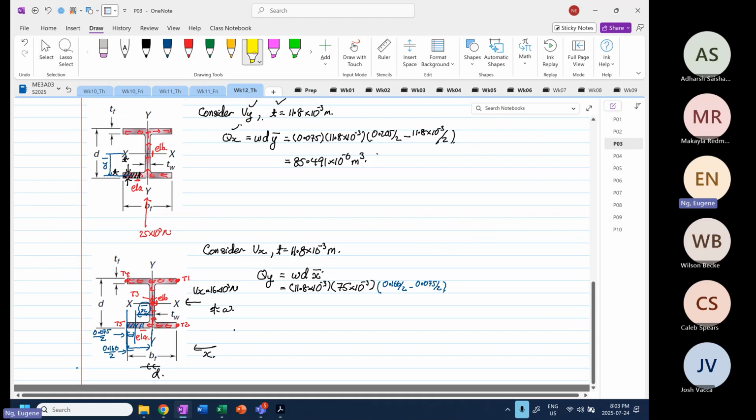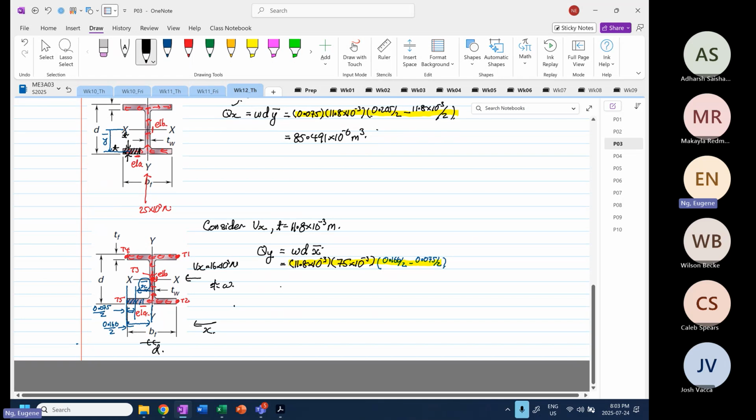What you can see is if you compare Qx and Qy, no doubt the first two terms, the magnitudes, are the same, but what you subtract is very different, okay?